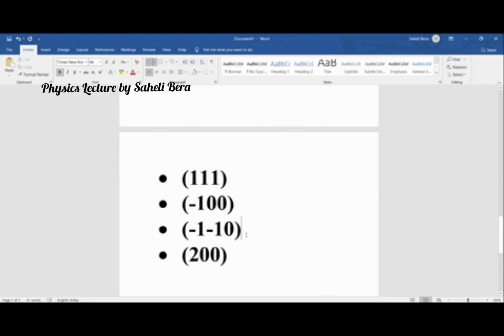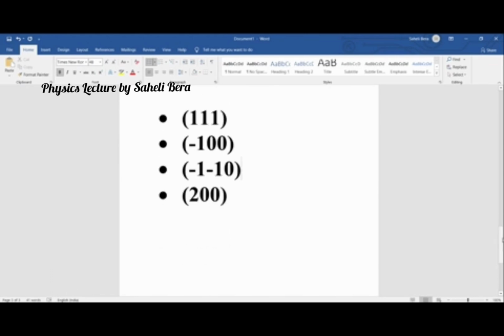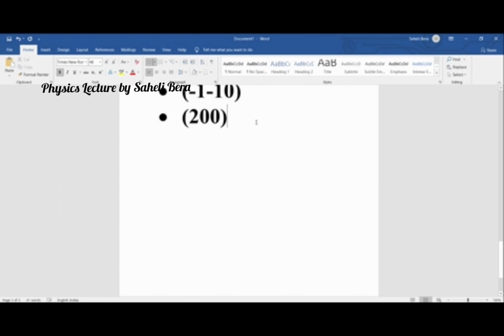Similarly, 1 bar 1 0, and then 2 0 0. We will draw all these planes.